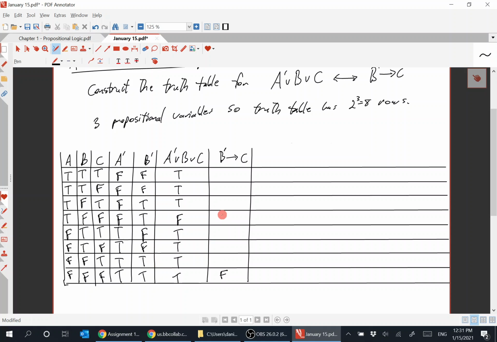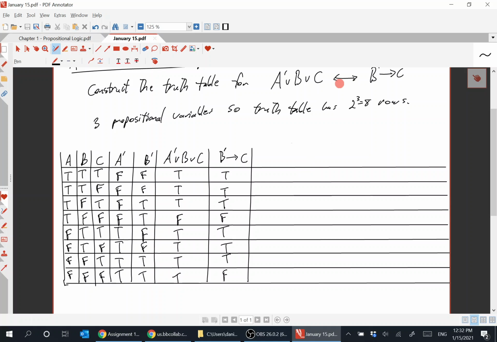When the hypothesis is true and the conclusion is true, it's true. In all other rows, B naught implies C is true. What about these cases where the hypothesis is false? It would be true because the conclusion doesn't matter. Right, exactly. The hypothesis being false makes the implication true. Counterintuitive, but that's the convention, and we'll see a reason for that in a little while.